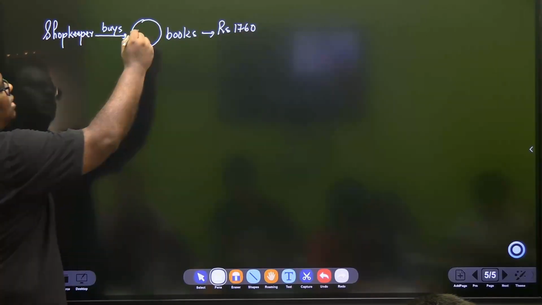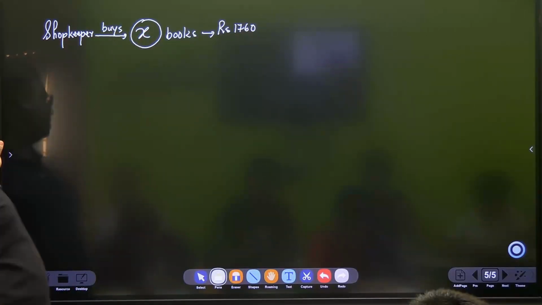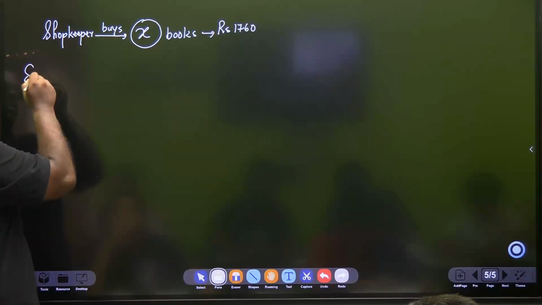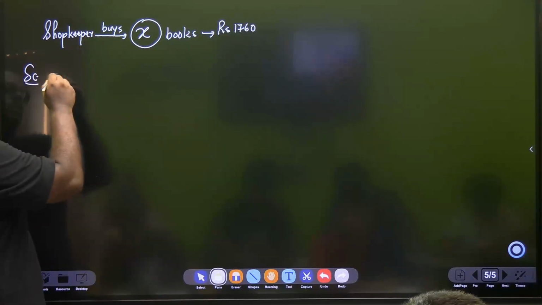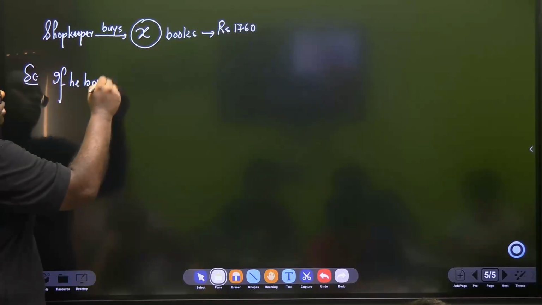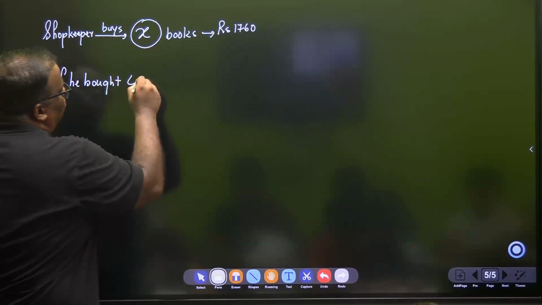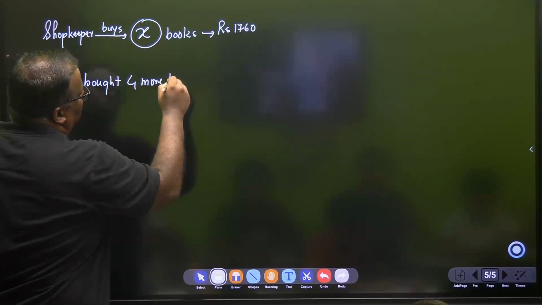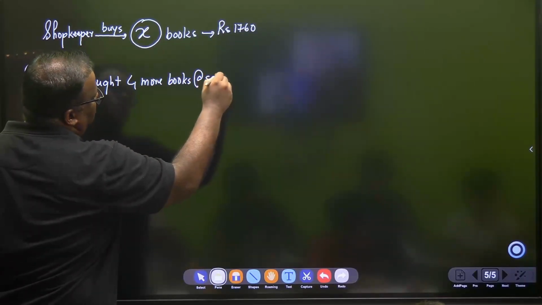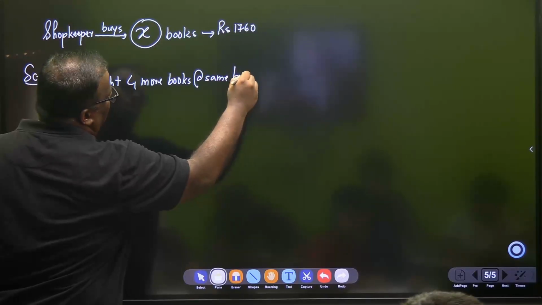So let's say he has bought X number of books for 1760. Right? The scenario says if he bought 4 more books at the same price.